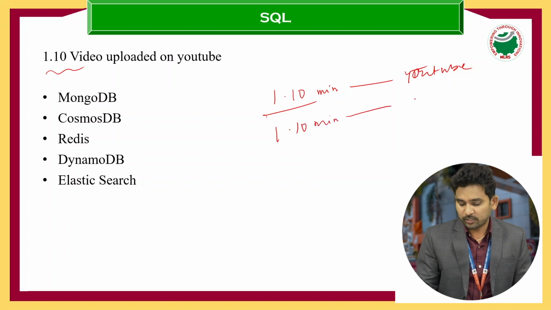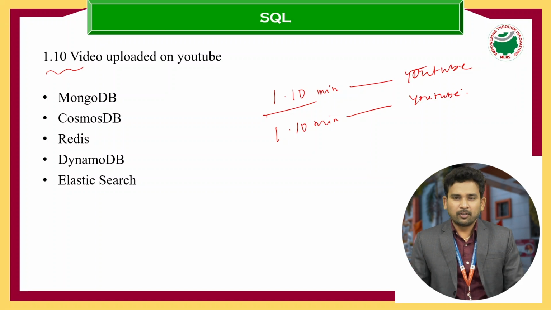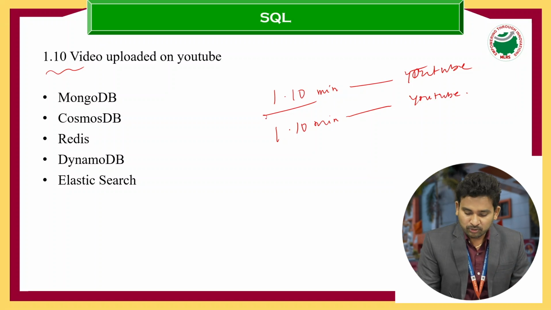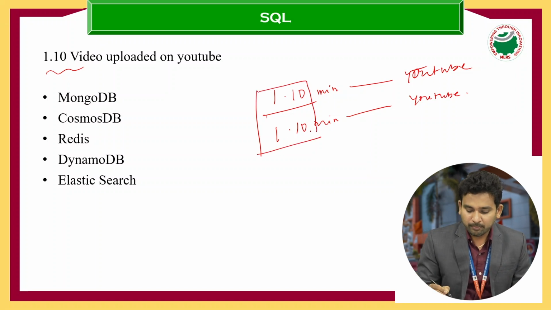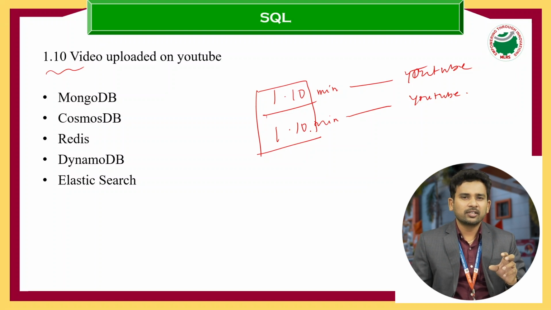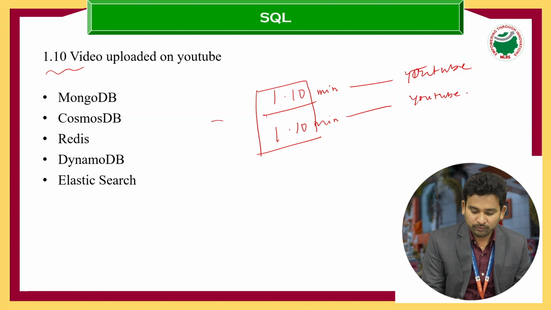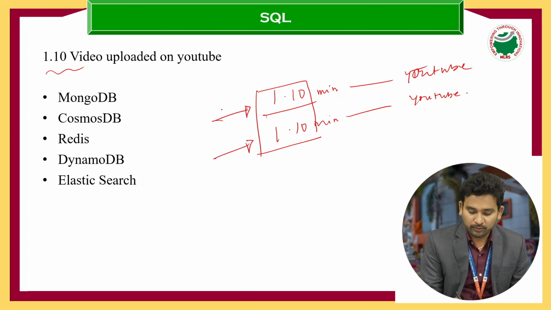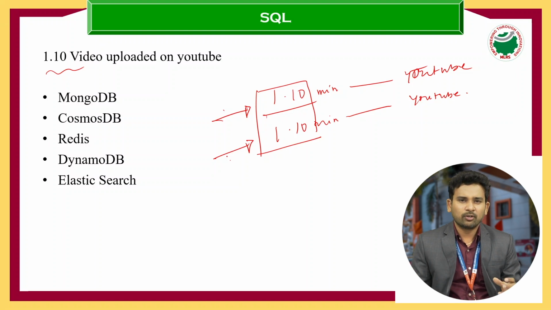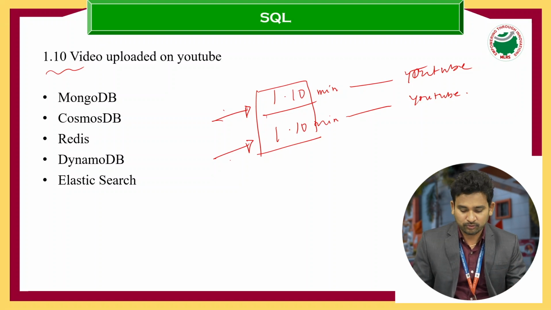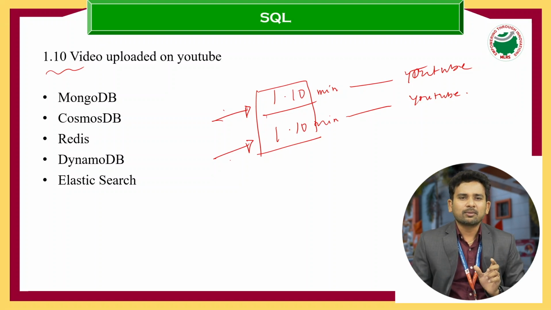If you observe, the timestamps of both videos are the same, but the data present in each video may be different, maybe in terms of images, video, audio, or text, anything. The timestamp may be the same, but the content present in the videos might not be the same.